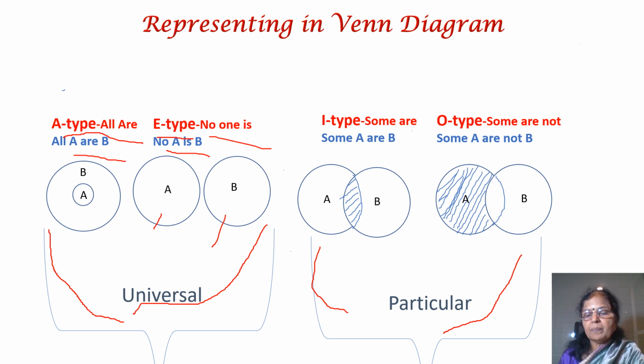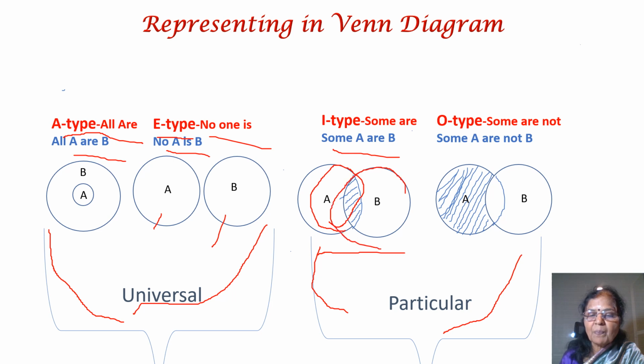And for the particular propositions, the I type and O type, how do you draw the Venn diagram? This one is for the I type. What is I type? Some, particular positive. Some A are B. So here is A and here is B, and there is overlapping in some part.